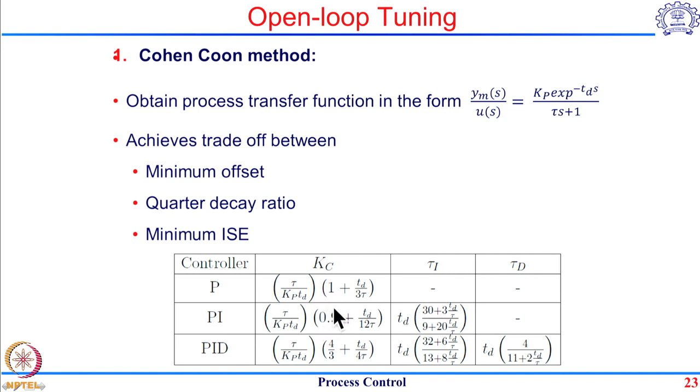We have seen that when you use integral action, the tendency of the system to destabilize increases, and because of that you have to cut down on the value of the gain you can use. The derivative action is added to improve this response, and that is why whenever you have a PID controller, the gain you can use is even higher than what you can use for a P controller. So it will give you the fastest response.